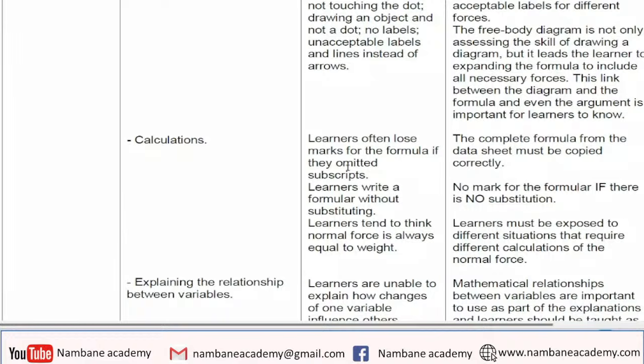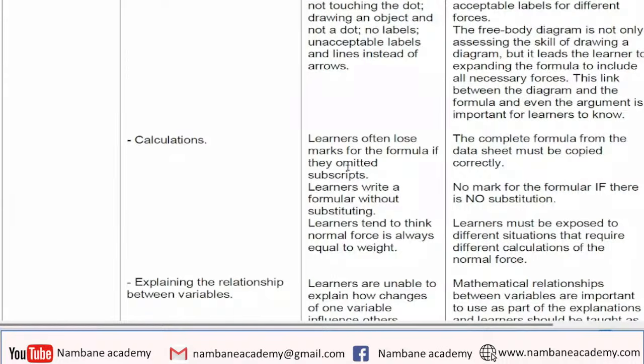So if we are going to write F_s max, we must see F subscript S and superscript max at the top, equals mu_s, we must see that subscript S there, multiplied by normal force, capital letter N, not small letter n. We must see those subscripts when you write the formula. Let us take the formulas as they appear in the formula sheet, please.